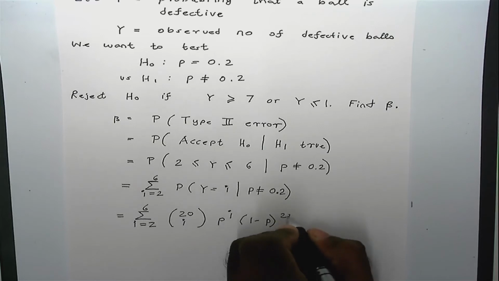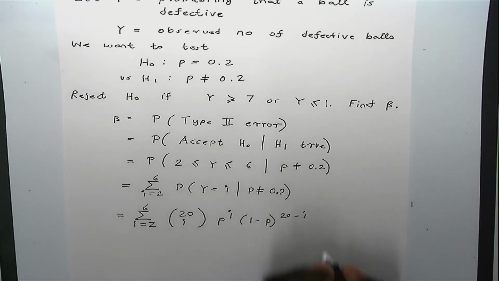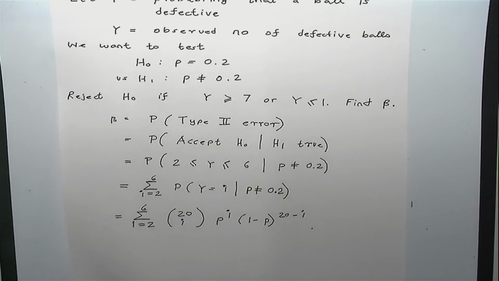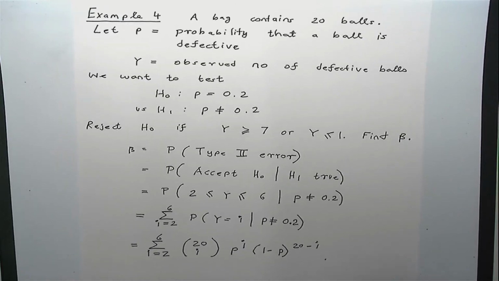So this is the answer to example 4. The final step is the crucial step, because I'm using the fact that Y has a binomial distribution with parameters 20 and p.